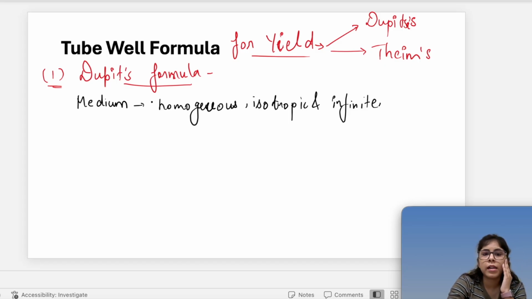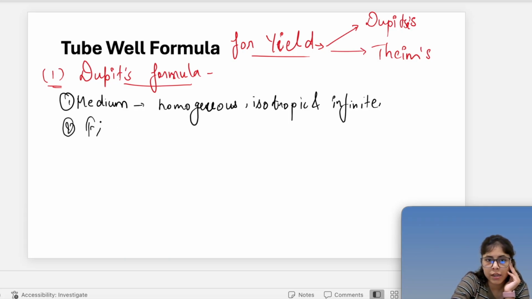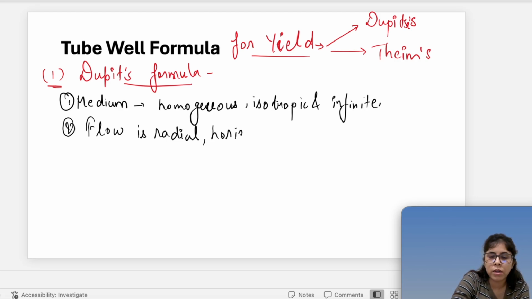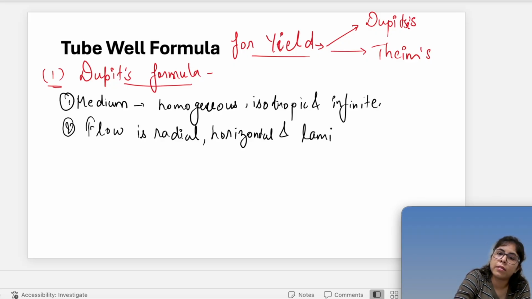And what else are the assumptions? So the first assumption is this. The second assumption is that the flow is radial, which we are seeing already. The flow is radial and it's coming from all around the well. So it's radial and it's coming horizontally. So it's radial, horizontal, and laminar. It's not turbulent.